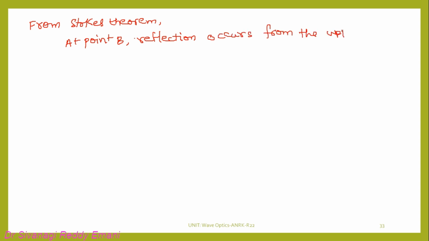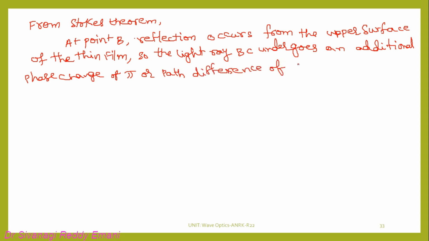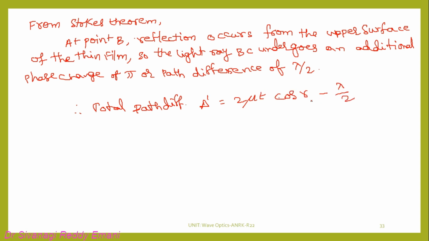Now from Stokes theorem, at point B reflection occurs from the upper surface of the thin film, so the light ray BC undergoes an additional phase change of pi or path difference of lambda by 2 that takes place only at that surface. Then the total path difference including this condition, delta prime or delta we can write, is 2 mu T cos R minus lambda by 2. Some textbooks use plus or minus, but you can take minus lambda by 2, no problem.